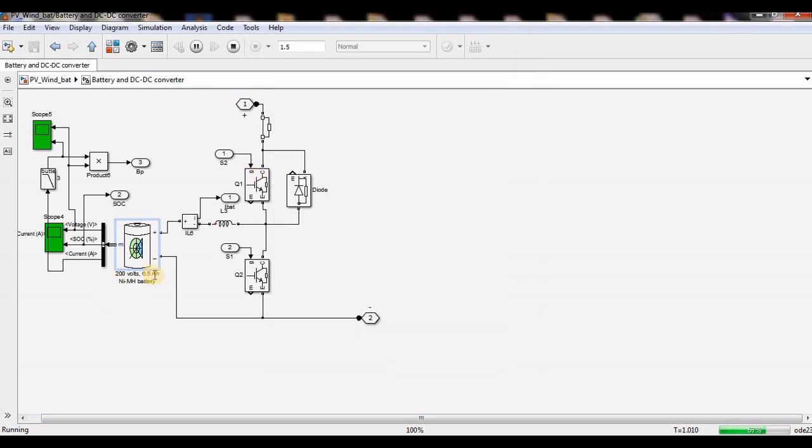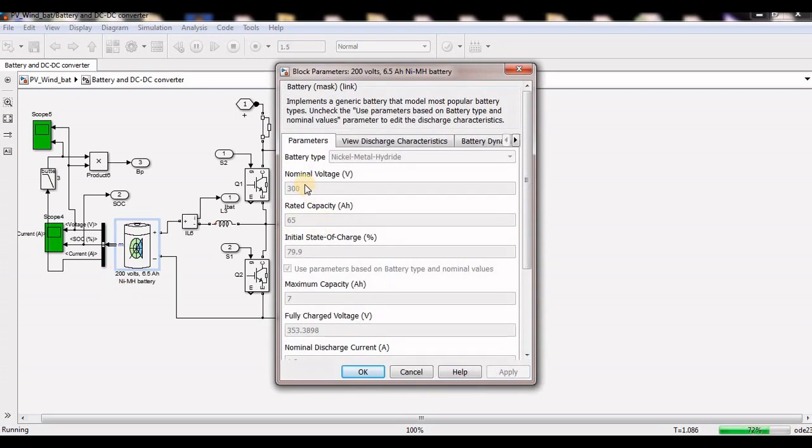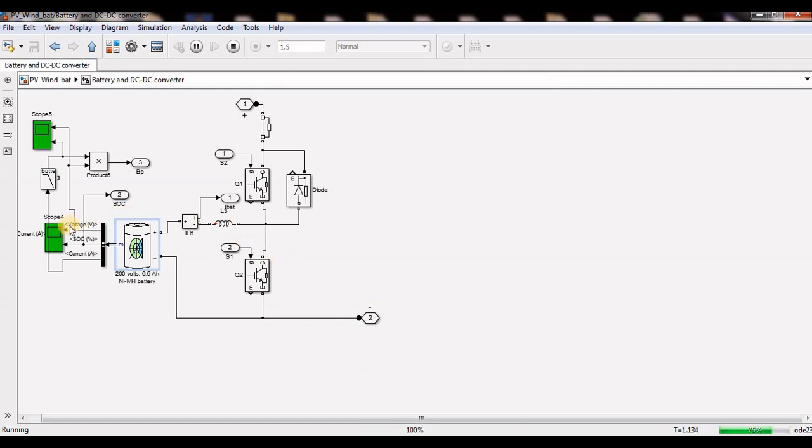If the ratings are the same, then more current cannot be dumped into the battery, so the DC link voltage should always be more than, nearly double, your battery rating. I typed it as 200, but its actual rating is 365, and my initial charging I took as nearly 80, but I didn't consider any SOC type controllers.